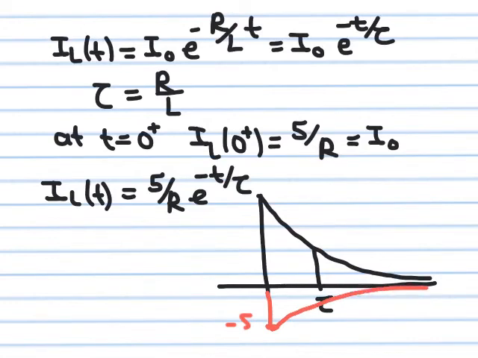So at infinity, the current is 0, the voltage is 0, the inductor does not have any energy, it's completely discharged. Okay, so this is the case of a discharging inductor, and again it behaves opposite to the case of a charging inductor. The thing that I want you to remember is that the inductor current does not change instantaneously, it has to change in a smooth way, while the inductor voltage can change polarity instantaneously.